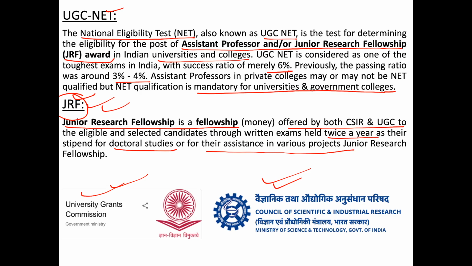On the other hand, junior research fellowship is the amount of money that you will receive from the funding agency, in this case UGC or CSIR, to pursue your PhD. The fellowship is for a duration of 5 years. That means you have to complete your PhD within this duration if you want to be funded during your PhD. Otherwise, you will have to pay from your own pocket.